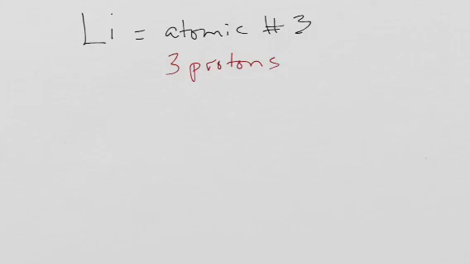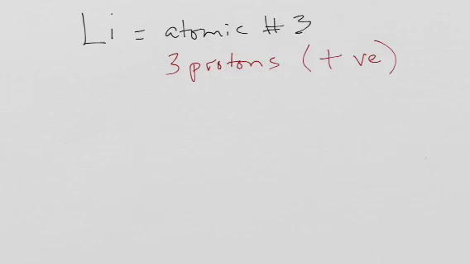And if an atom is going to be neutral, that means it cannot have a charge. So if protons have a positive charge, and there's nothing else to the atom, then lithium is positive. We know that this is not the case. So something has to be there to counteract those positives.